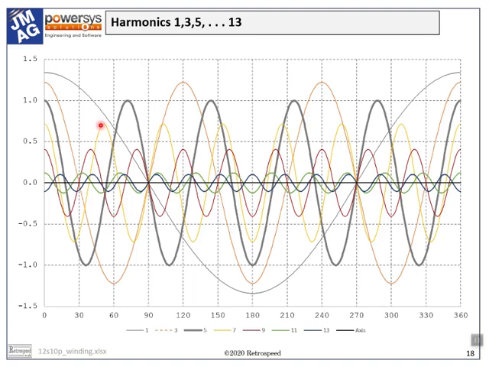We can also see the third harmonic and the ninth. This is the third, and then the ninth is in here somewhere. We tend to ignore the third and the ninth on the grounds that in a three-phase machine under balanced conditions, they cancel.